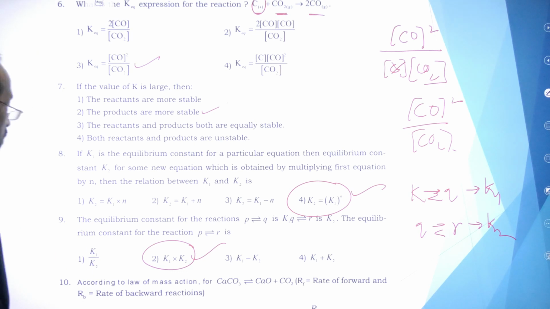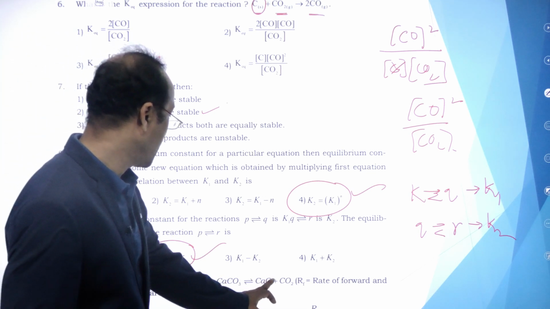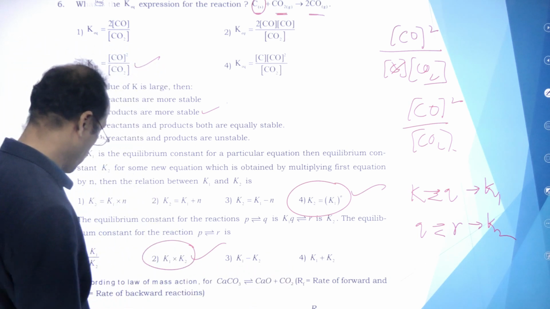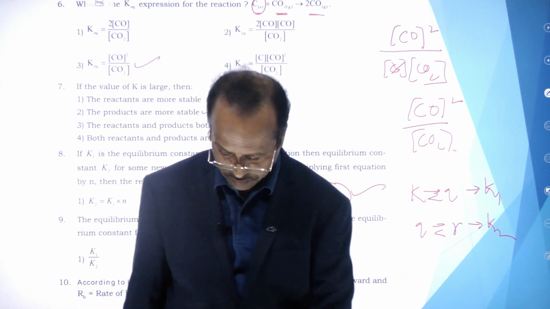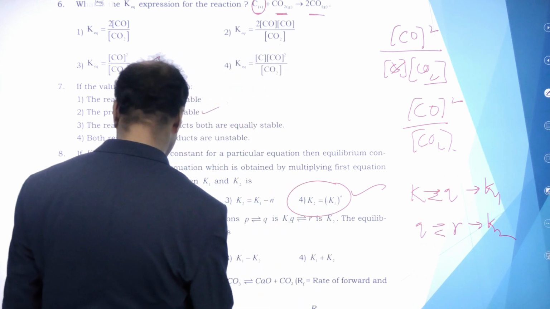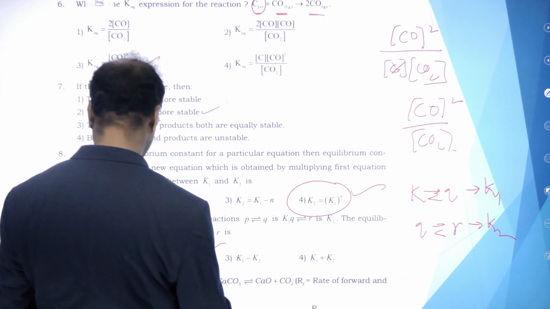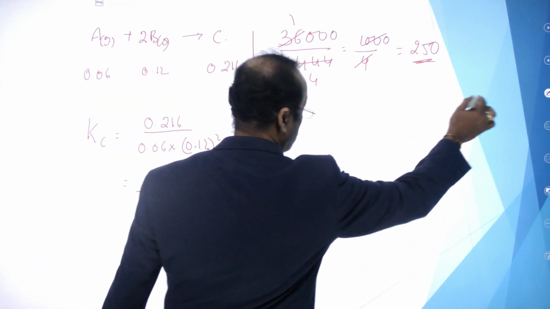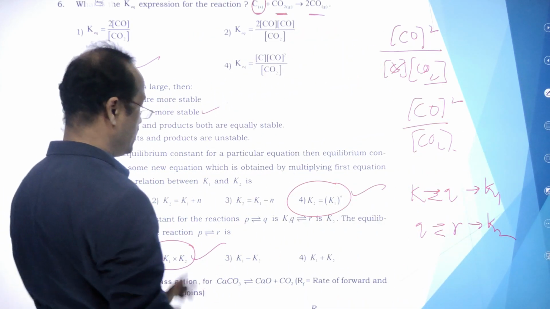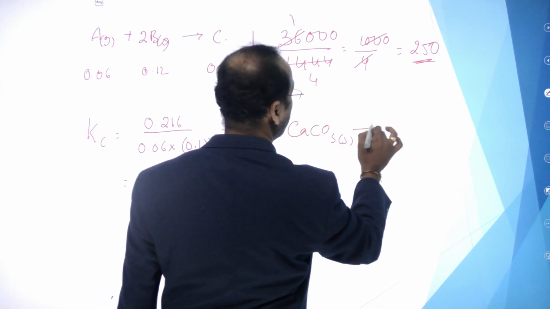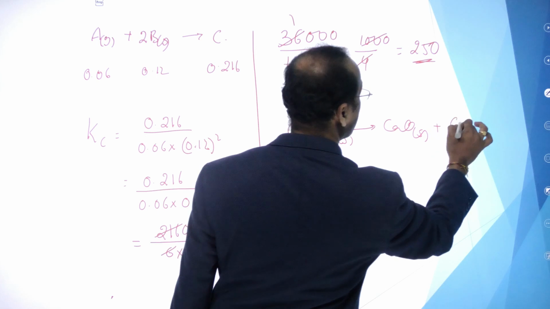And according to the law of conservation, calcium carbonate gives rise to calcium oxide plus carbon dioxide. What is the rate of the forward reaction and the rate of the backward reaction? So here you see, what is the equation given? CaCO3 is a solid, which gives rise to CaO, also a solid, plus carbon dioxide, which is a gas.